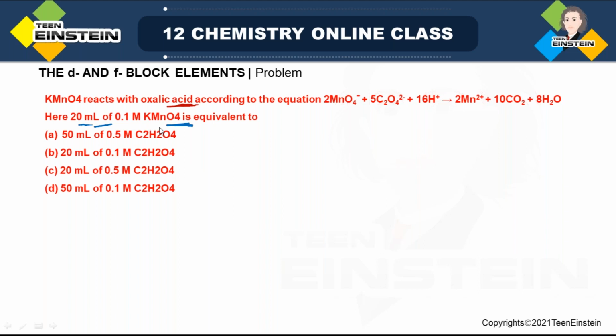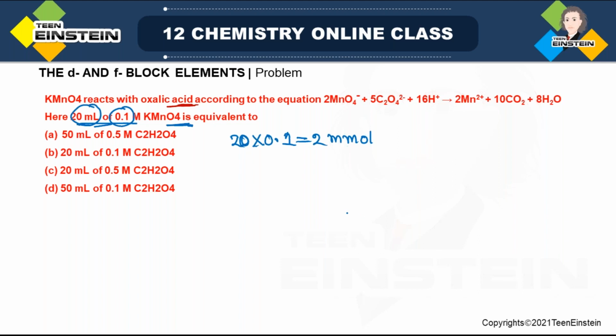20 ml 0.1 molar KMnO4. From this information you can easily find the number of millimoles of KMnO4. When volume is given in ml and concentration is given as molarity 0.1, simply multiply the volume in ml with the concentration, and this is equal to 2 millimole.